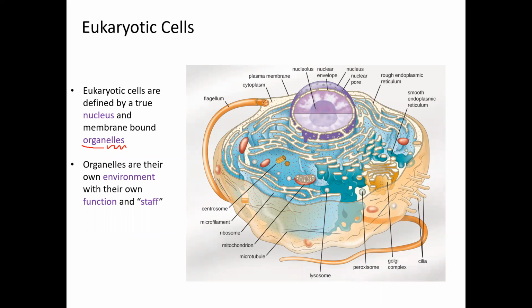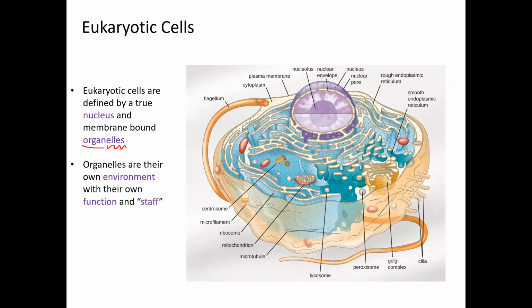We've talked about a phospholipid bilayer, which is a special membrane that is the plasma membrane, right? That is the border of the cell. So eukaryotic cells have the plasma membrane, but they also have other membranes that make up the walls of each of these organelles. Okay, so all organelles are membrane bound.